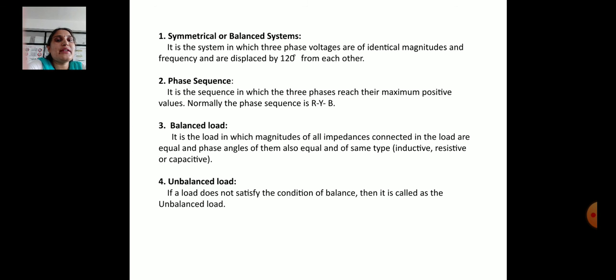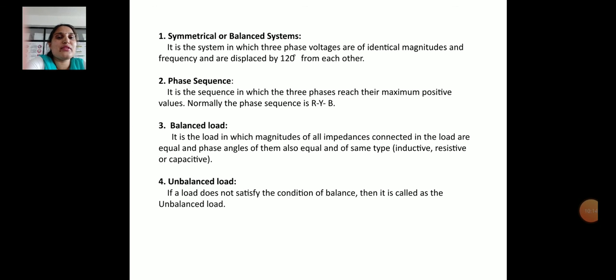If all impedances are equal in magnitude, of the same type, and phase angles are also equal, then we can say that load is a balanced load. And if all the impedances are not equal in magnitude, the phase angles are not the same, and they are not of the same type, then we can say that load is an unbalanced load.